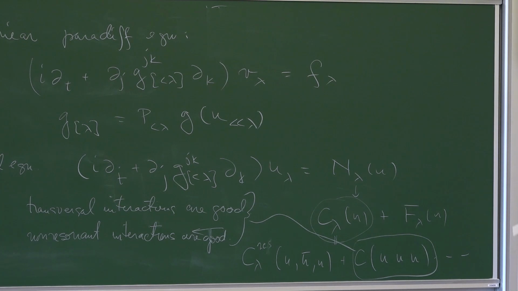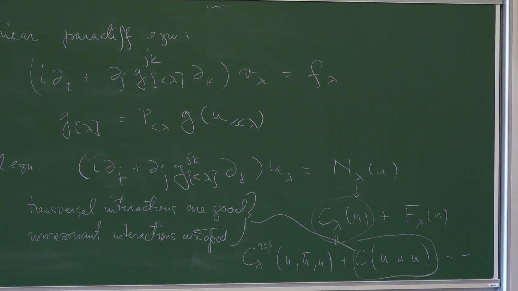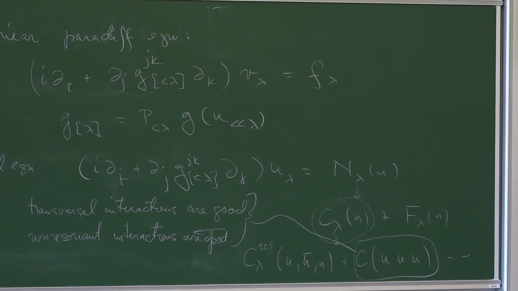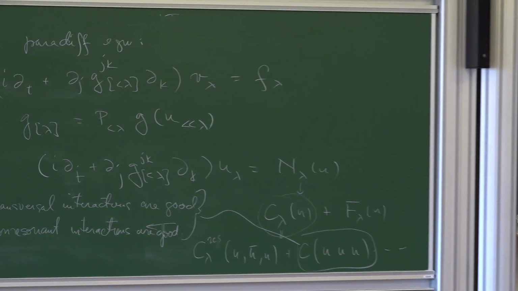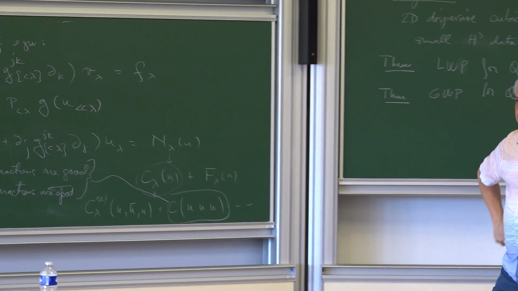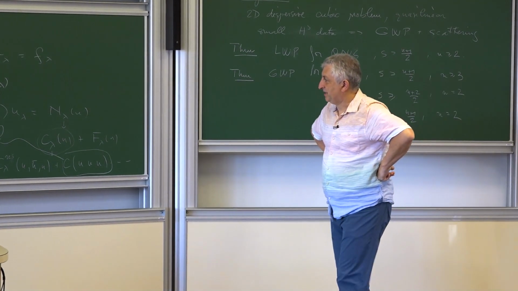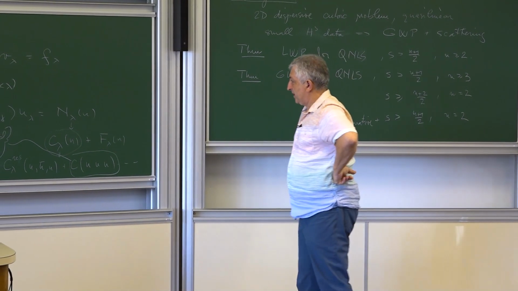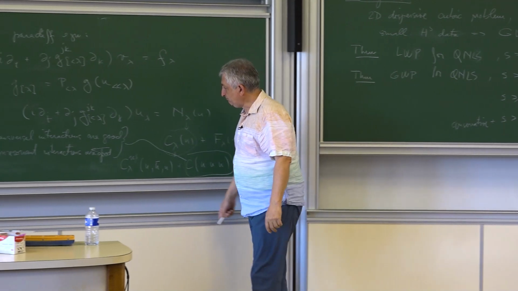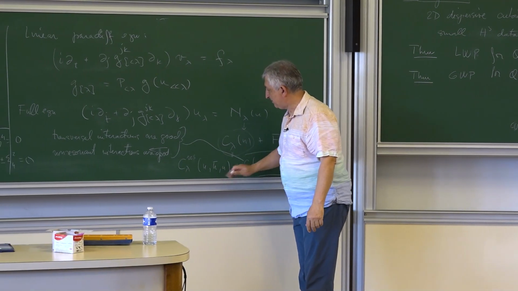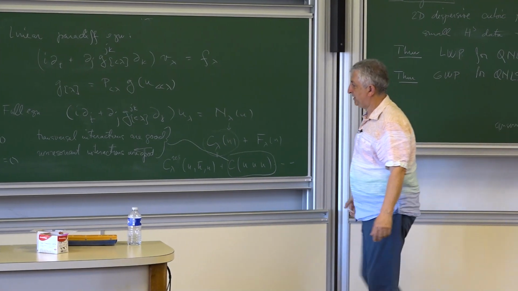So there we invent a new box. We call it weakly transversal. And then we have to deal with those expressions. I don't want to go into that, but that's one difference between the elliptic and the non-elliptic case. All right. And I'll come back to this a little bit later.